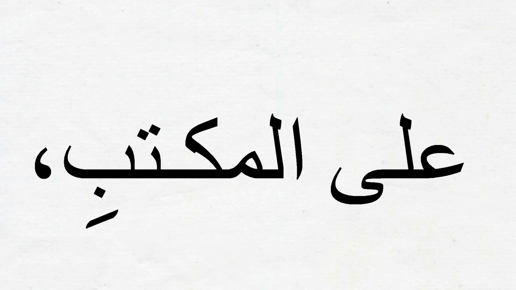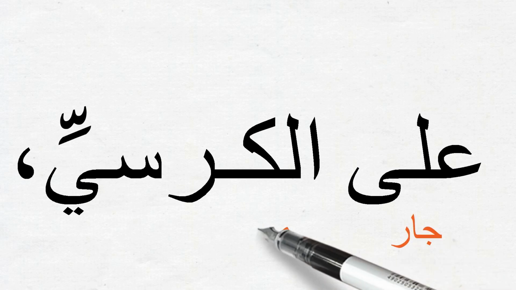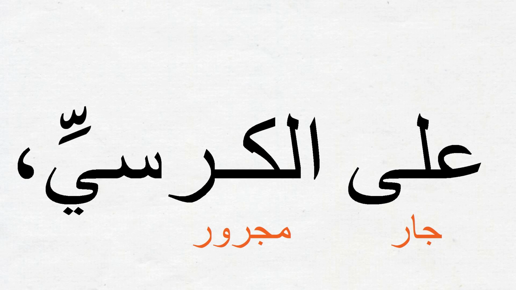Next. Ala al maktabi. We have another jar majroor phrase or harf jar followed by ism majroor. Ala al-maktabi means on the desk. Next one. Ala al-kursiyi. Very good. I hope you're getting used to it. Ala is harf jar and al-kursiyi is ism majroor.